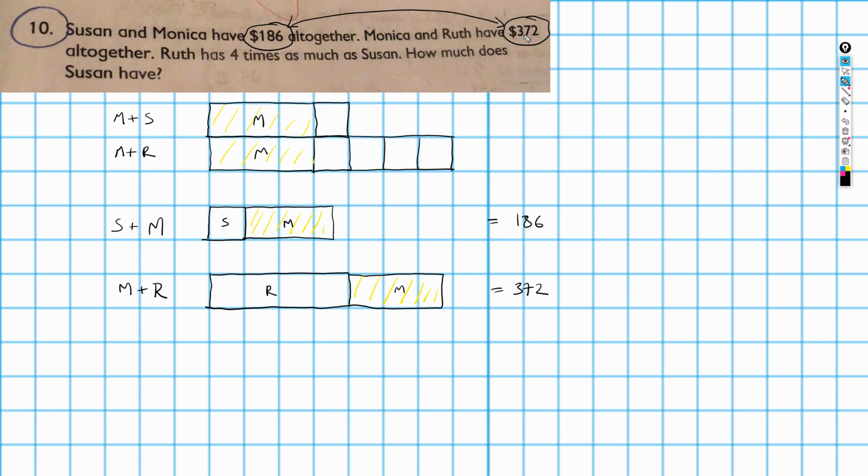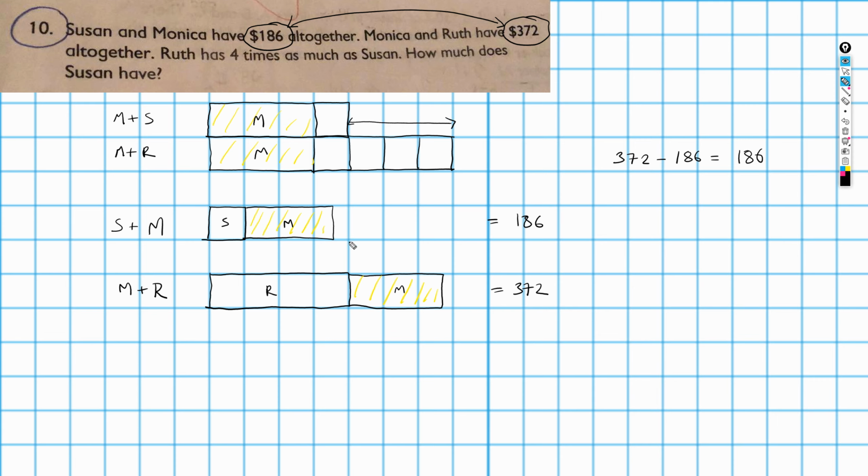So we need to know what 372 take away 186 is, and that gives us 186. So that is the difference, and we can then draw that into this model.